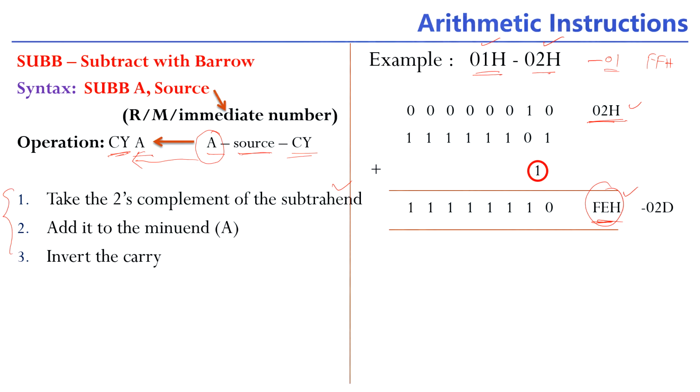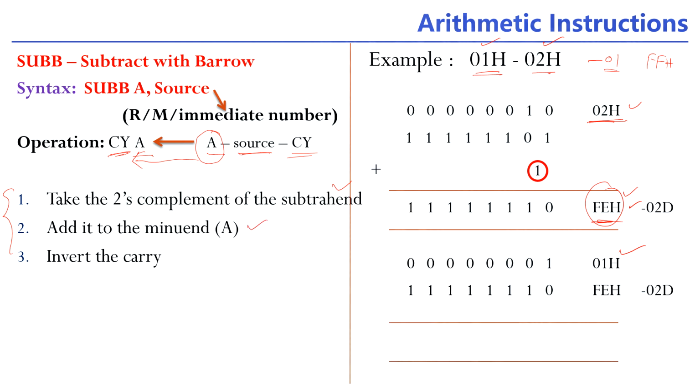Then this 2's complemented result should be added to the minuend 1. This is our minuend, and the 2's complement form is FE. The FE should be added to this minuend. Once it is added, you get this result, and the carry is equal to 0.